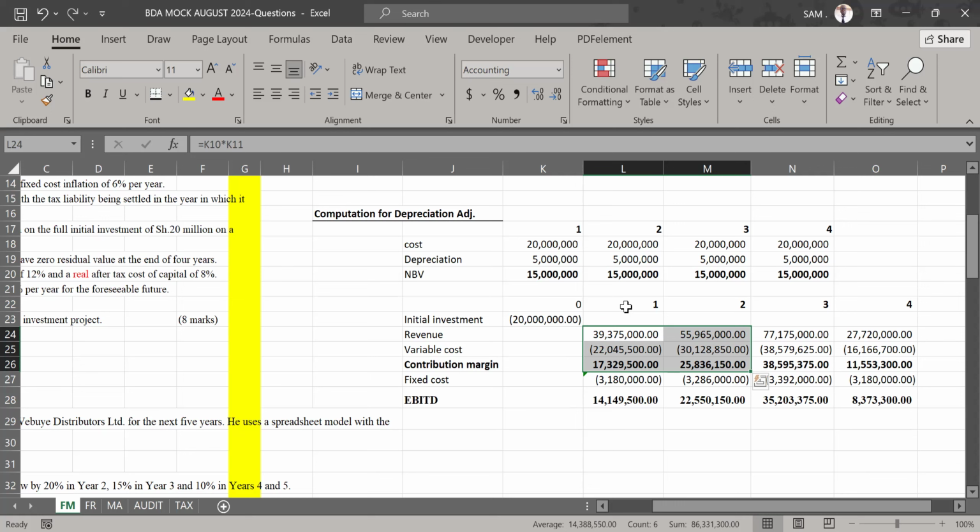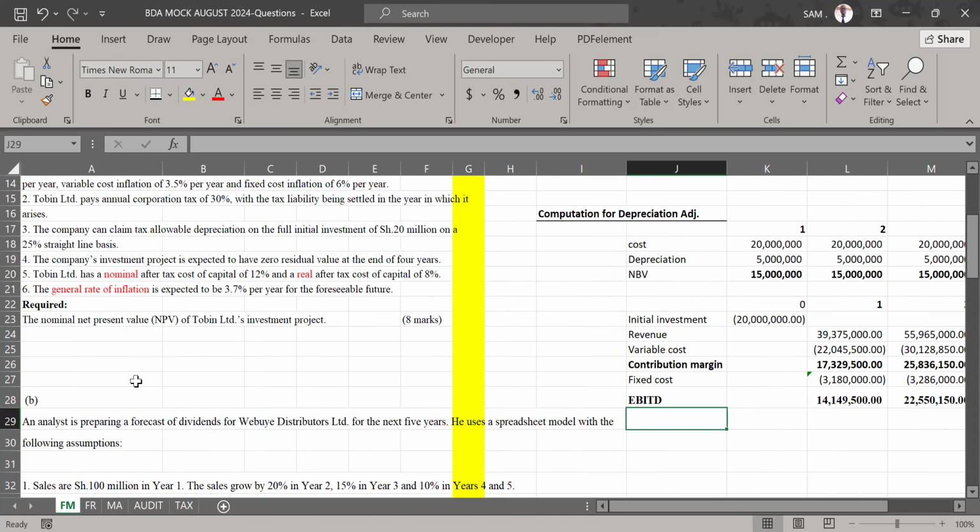Okay. Good. So let us now look at note, was it note 3 or note 4? Note 3. The company can claim tax allowable depreciation on the full initial investment on a straight line. Then note 4, that is about residual value. So that is okay.